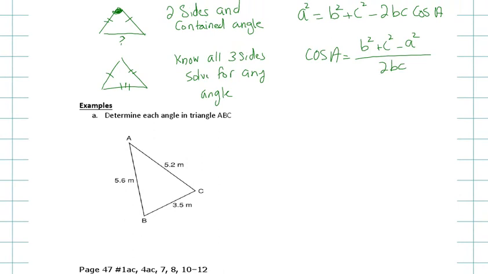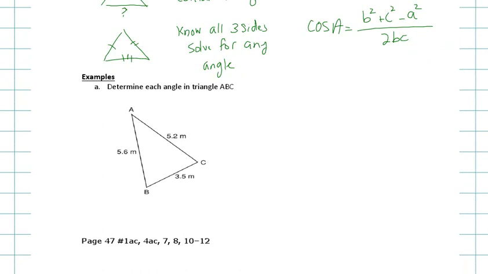Okay? Now, let's name the sides just so it's easier for us. So this is side A because it's opposite from angle A. This is side C, this is side B. Now, first angle I want to look for, let's say angle A. It doesn't matter which one you look for first.